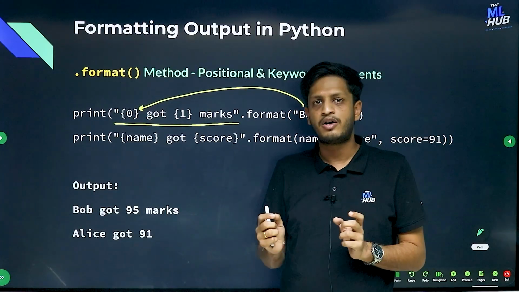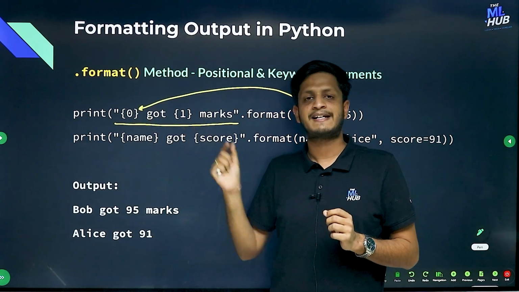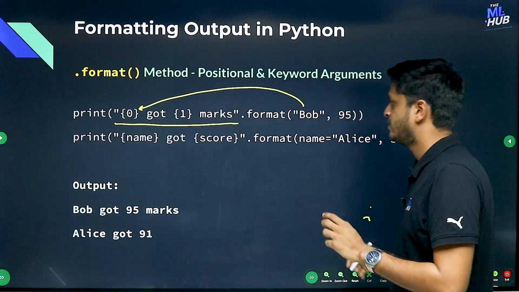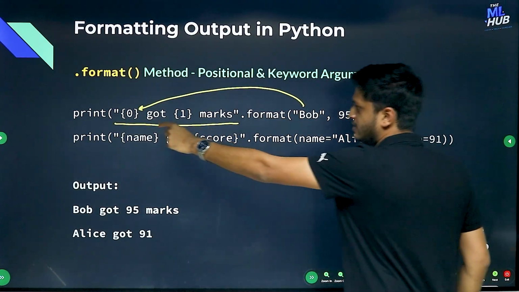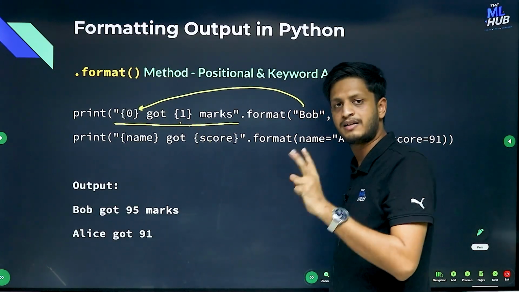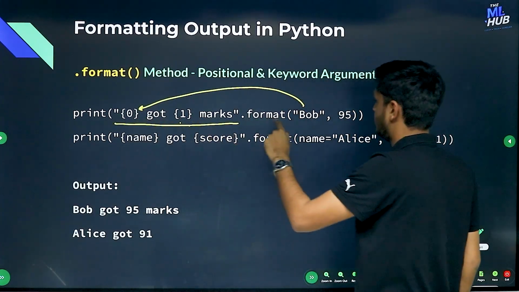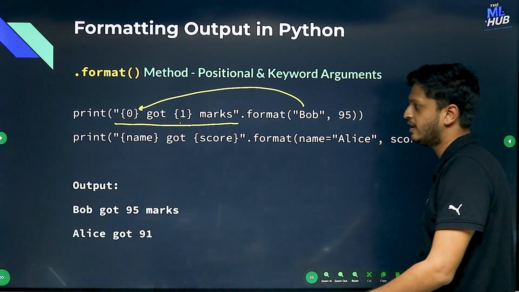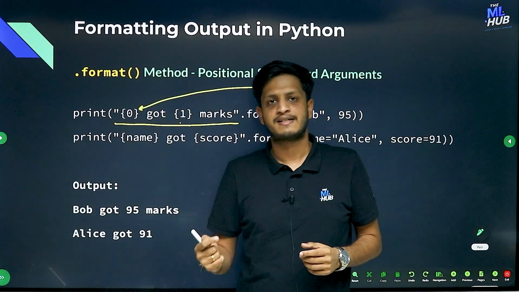So if I want to change the order, I can give the number or the position inside the curly brackets as well. Here, this placeholder should be replaced by the first argument and this placeholder by the second argument, and hence the printed statement will be Bob got 95 marks.